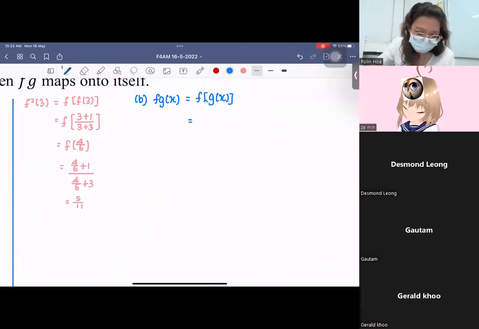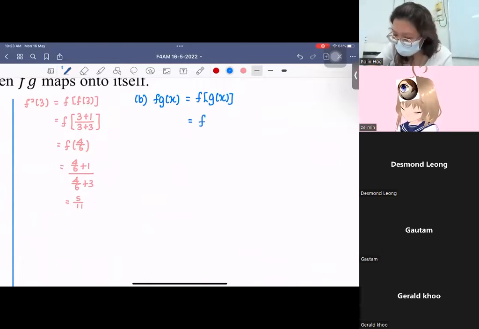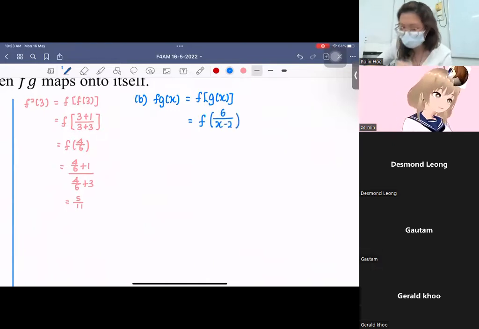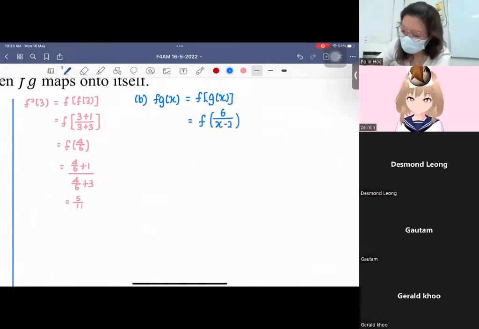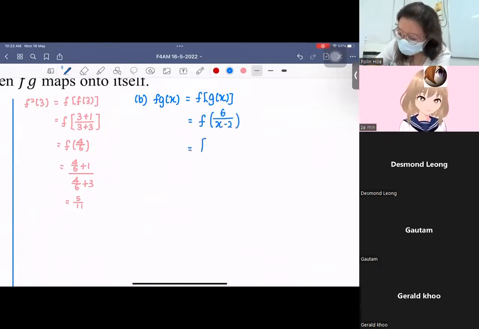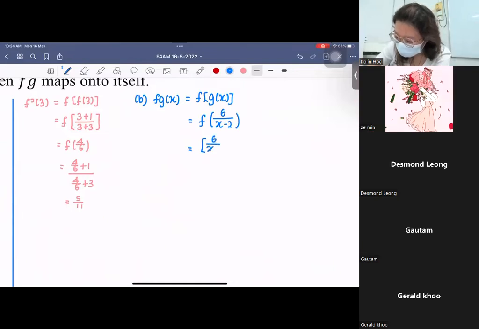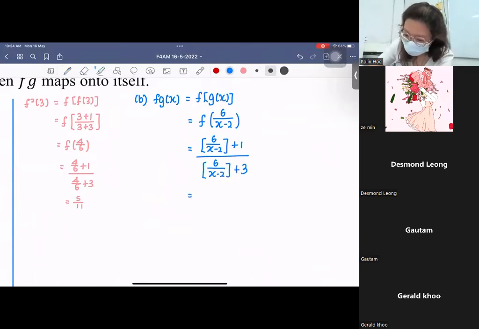What is my g(x)? 6 over x minus 2. And then f(x) is x plus 1 over x plus 3, so 6 over x minus 2 plus 1, over 6 over x minus 2 plus 3. Always do the same thing. Multiply up.